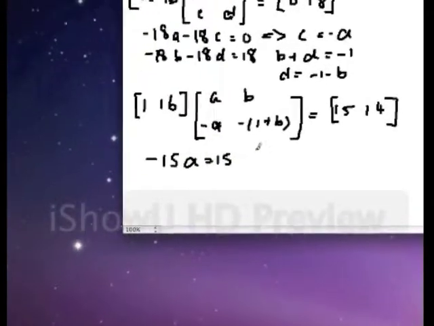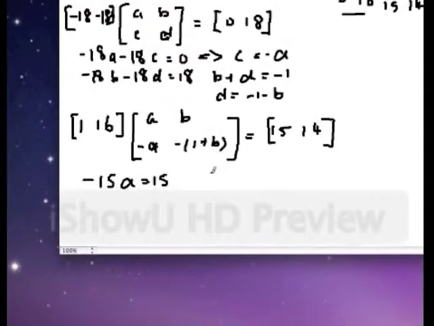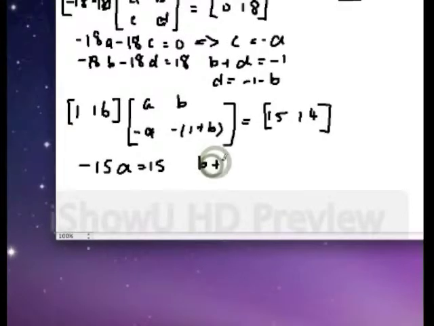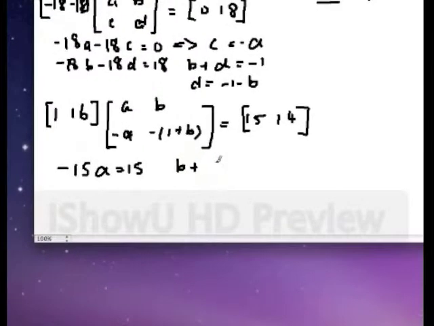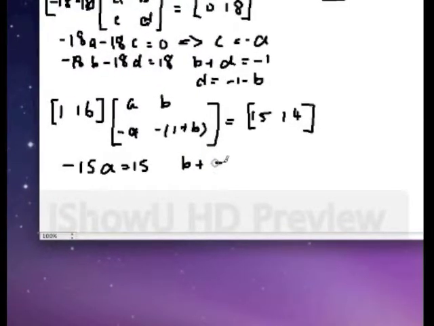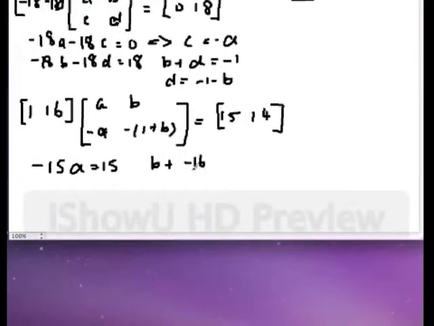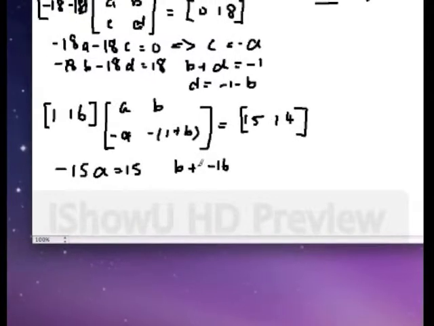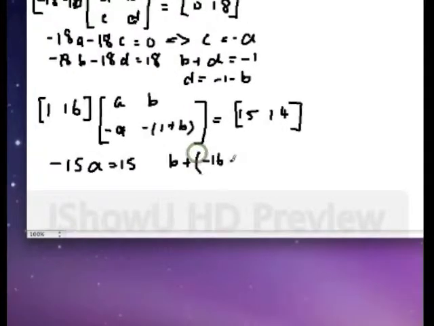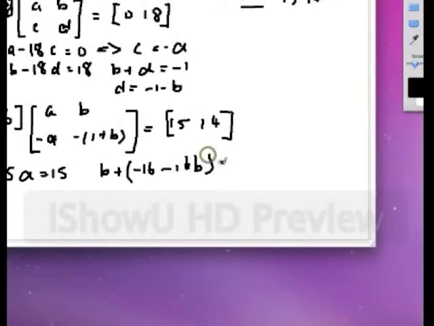We're also going to have B plus negative 16, subtract 16B, is going to be equal to 14.